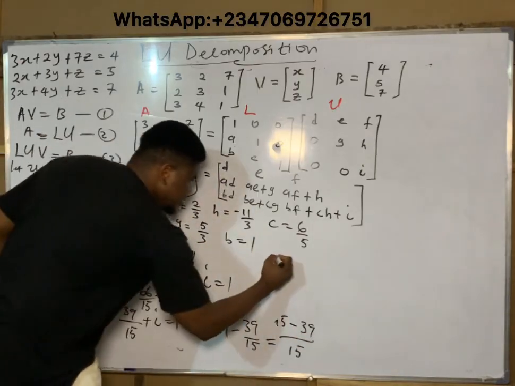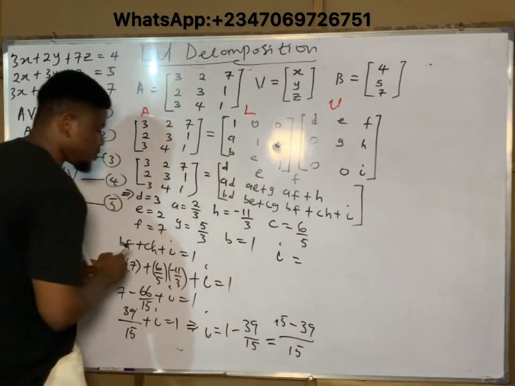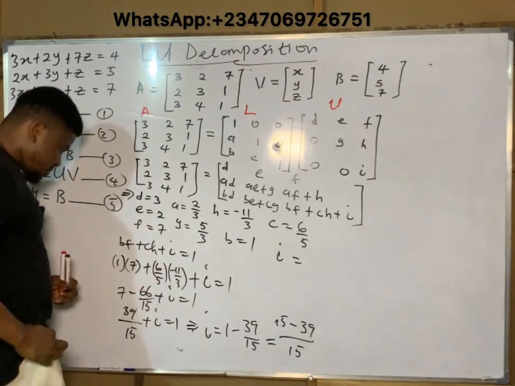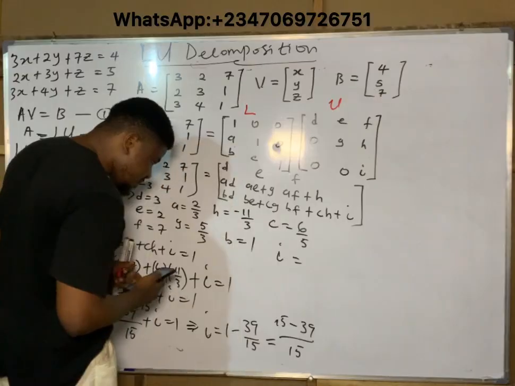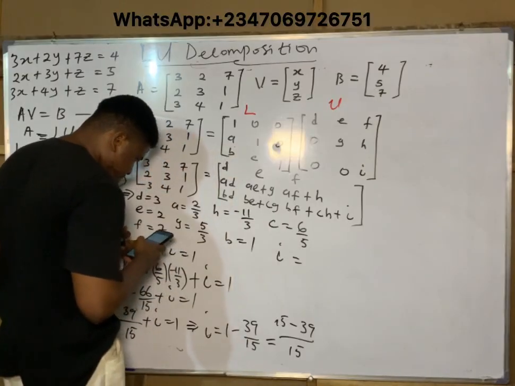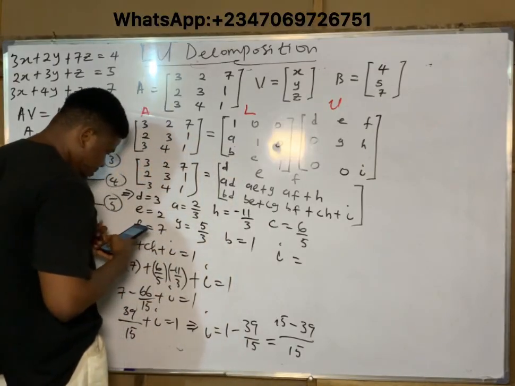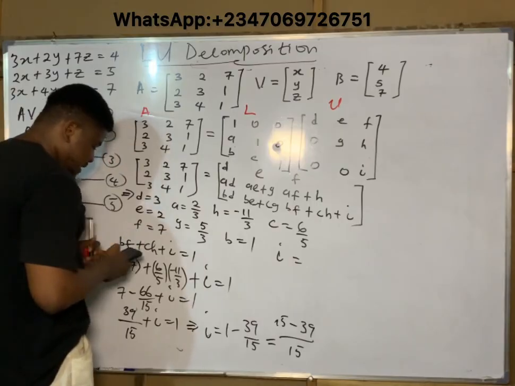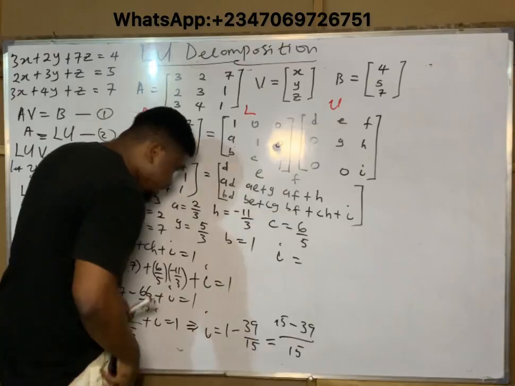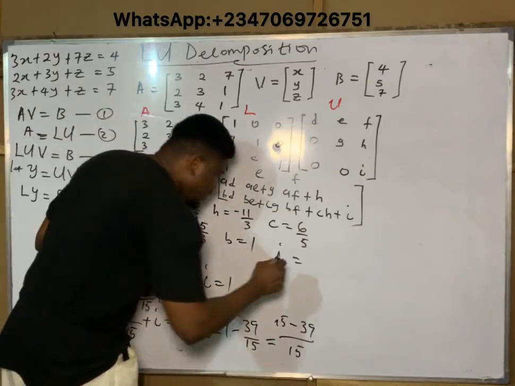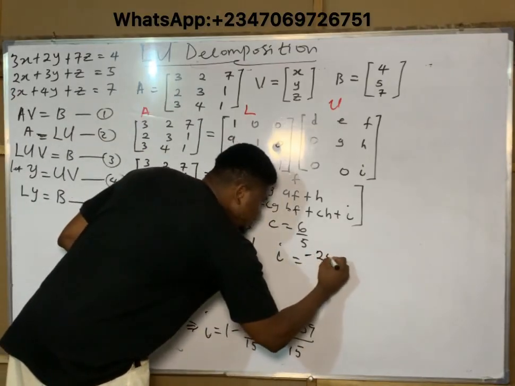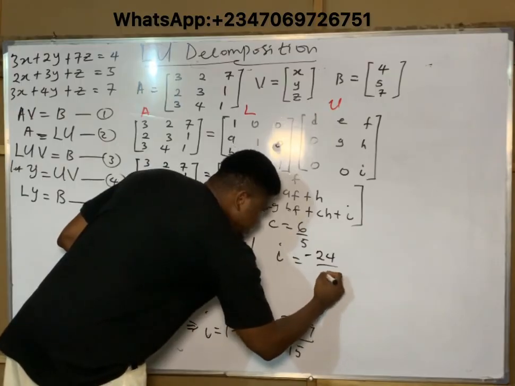Therefore, I is going to be equal to 15 minus 39. That gives us negative 24 divided by 15. So we have negative 24 over 15.